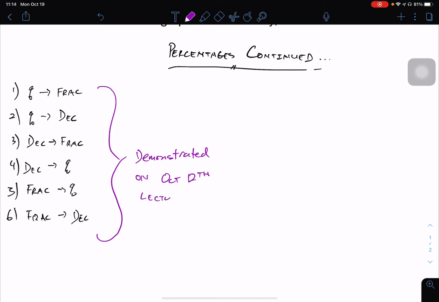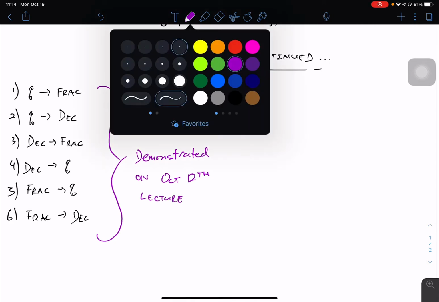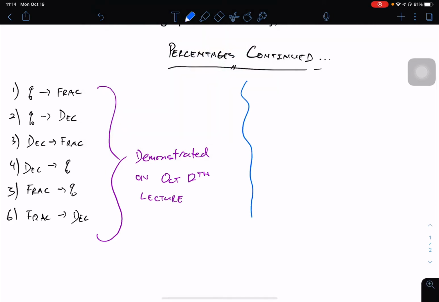And the other thing we learned was percentage problems in terms of word problems, where you had to translate and solve.